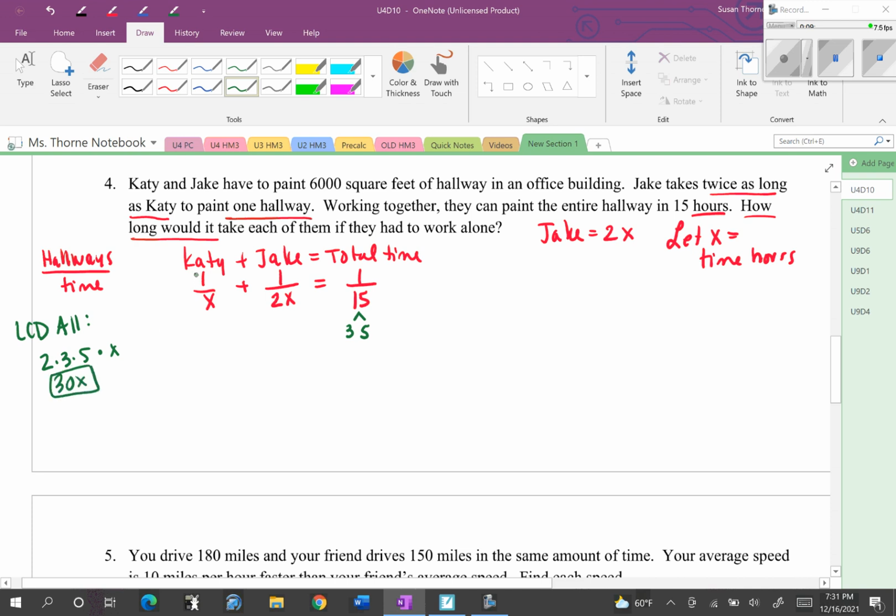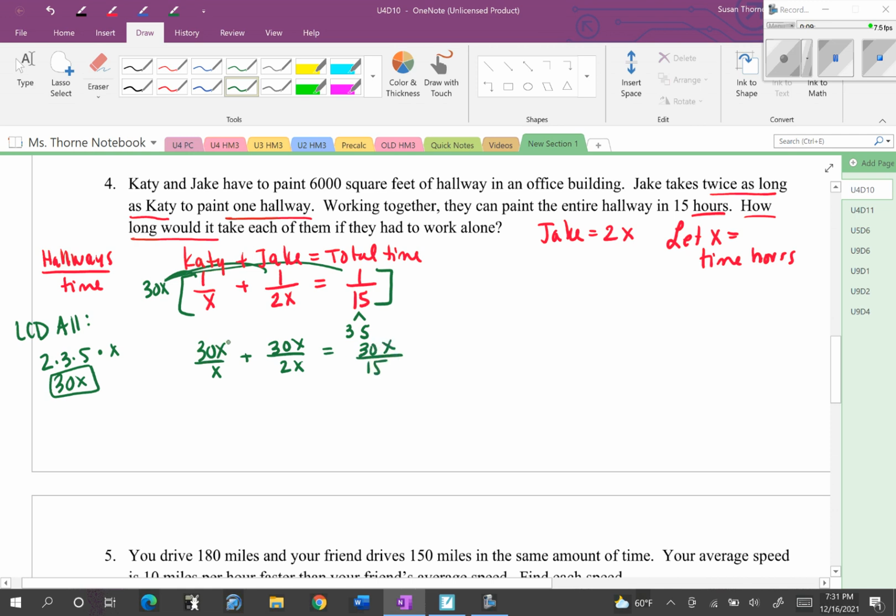So I'm going to multiply all the numerators by 30x, because if you do something to one side, as long as you do it to the other side, it doesn't change the equation. So when I do this, I get 30x over x plus 30x over 2x is equal to 30x over 15.